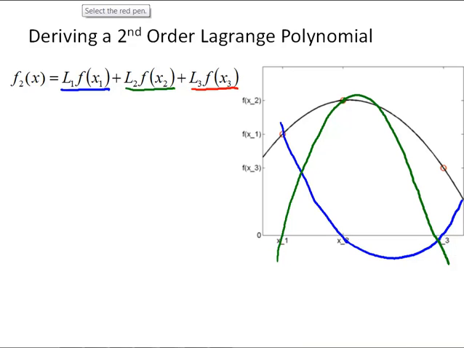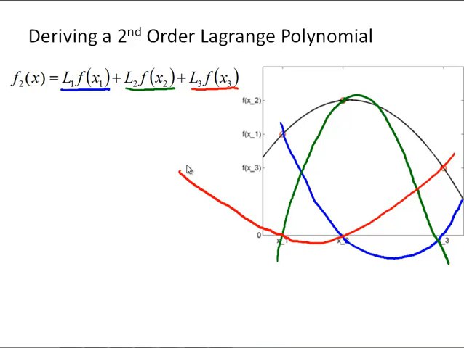And finally, L3 times f of x3 is going to be another parabola that's equal to 0 at x1 and x2, but it's equal to f of x3 at x3. So this is going to be a wide parabola coming down, maybe something like that.